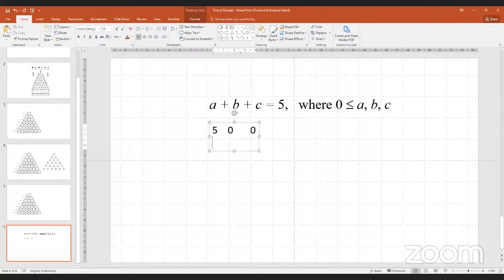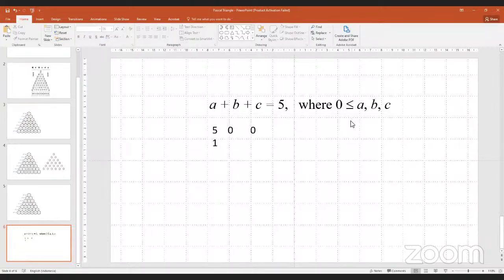Another solution, for example... I think 0 is not possible because you said A, B, and C must be more than 0. No, it's less or equal. Here, less or equal.